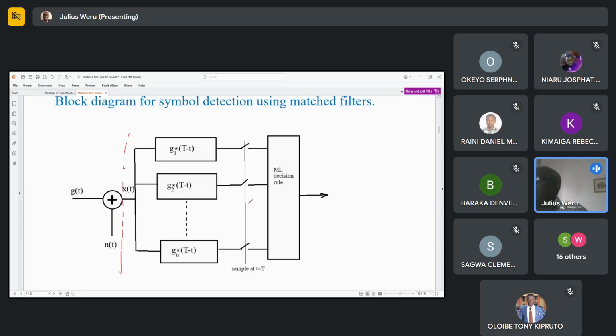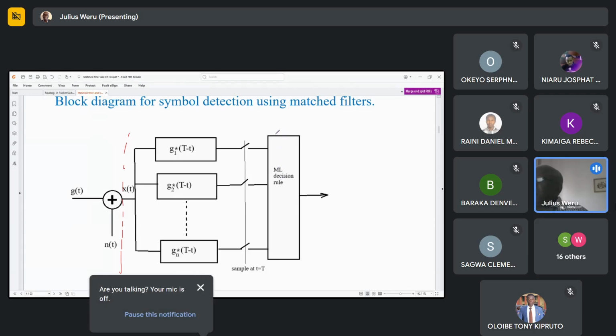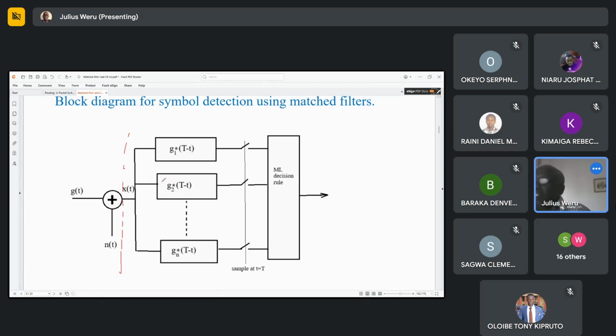That's what this means. This is a decision stage, and so there will be that rule. This part is normally called the decoder, and this part is called the detector. So normally the receiver consists of the detector and then the decoder, a digital receiver.